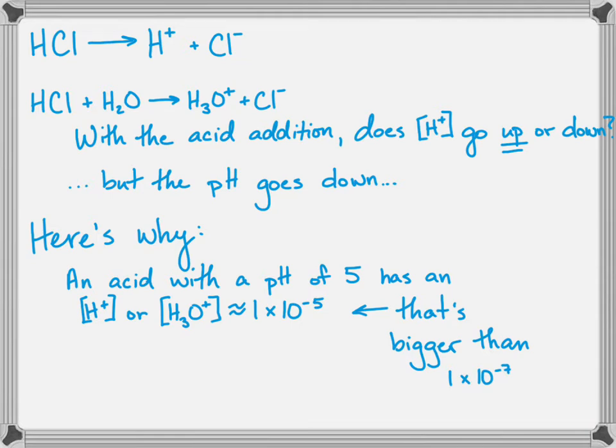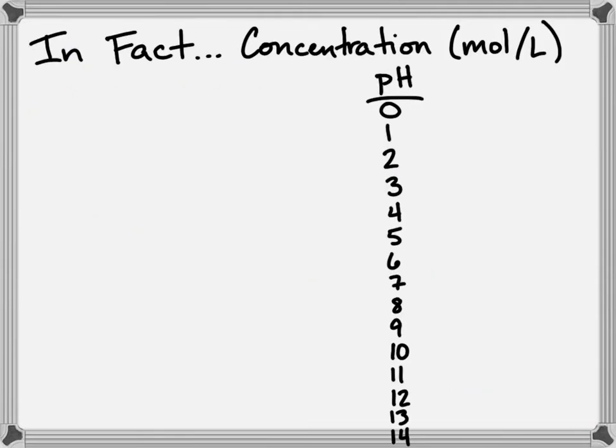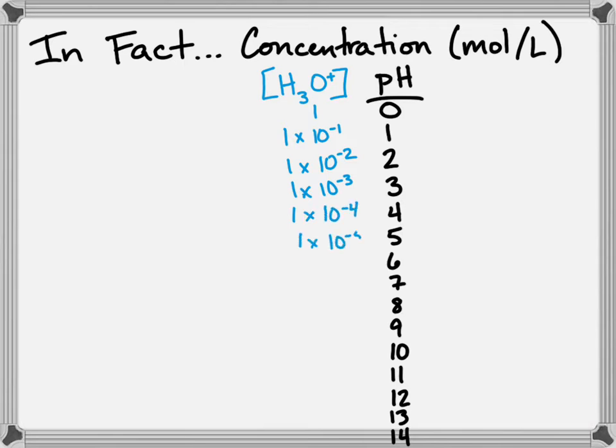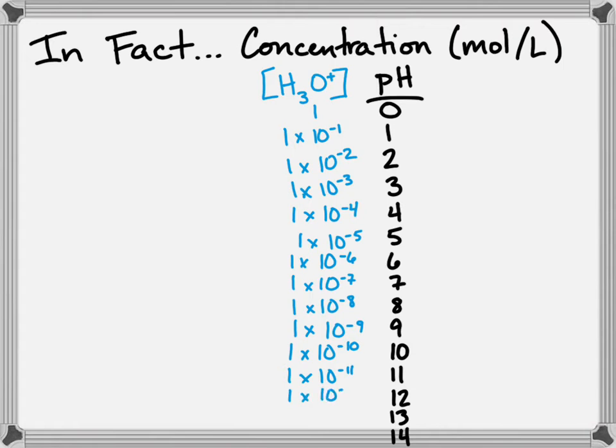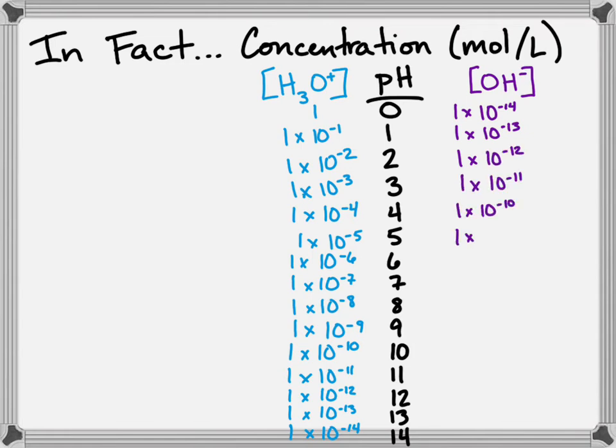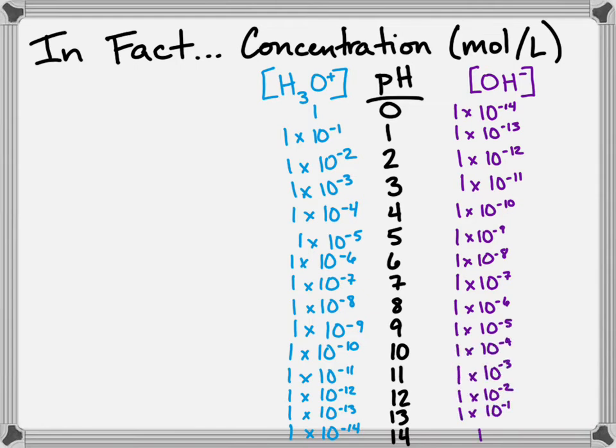In fact, we can visualize the whole pH scale this way. Hydronium ion concentration in moles per liter, that's the concentration units, goes down as we go from 0 to 14. And hydroxide ion concentration goes up. So there is our 1 times 10 to the negative 7 again. Note that at each pH level, the concentrations add up to negative 14.